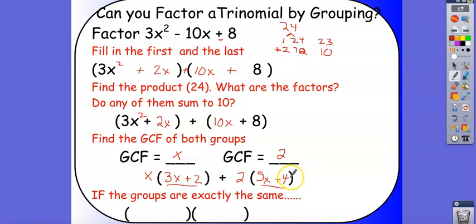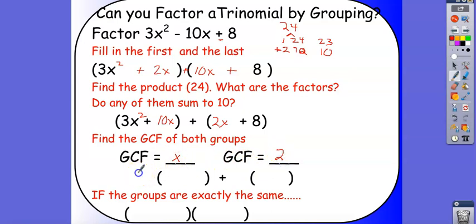Let's see if we can move it around a little bit and see if we get a difference. Let's move the 10x here and the 2x here and see if it helps. The GCF here is just an x. That's just a 2.